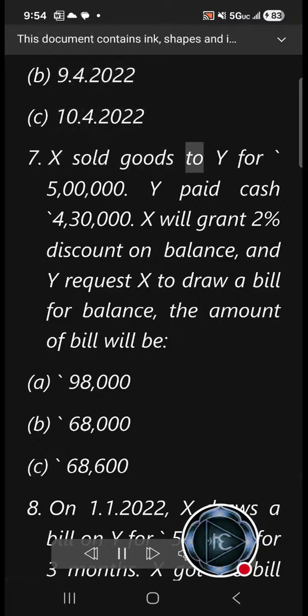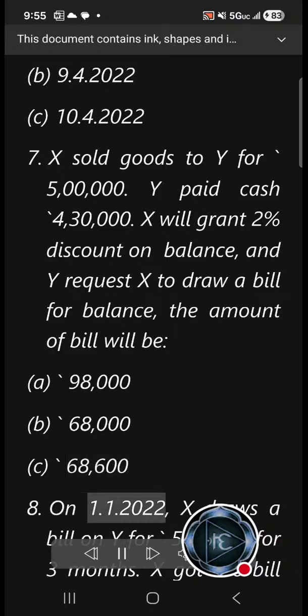X sold goods to Y for 500,000. Y paid cash for 30,000. X will grant 2% discount on balance, and Y requests X to draw a bill for the balance. The amount of bill will be 98,000, 68,000, 68,600.